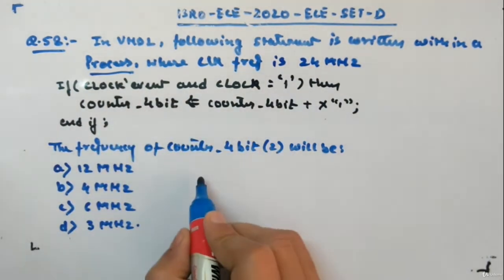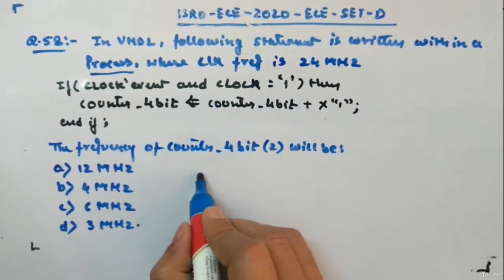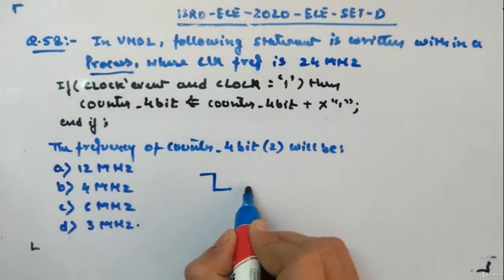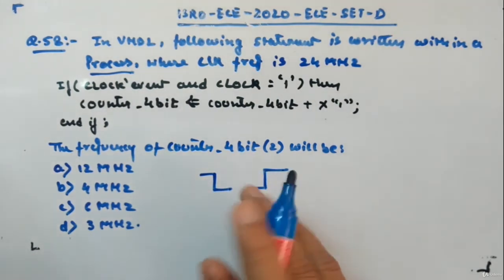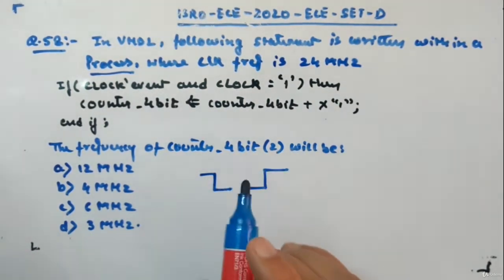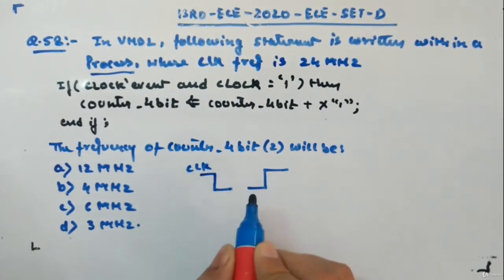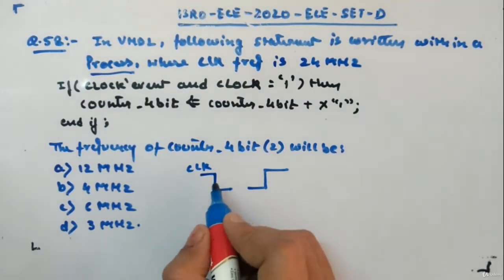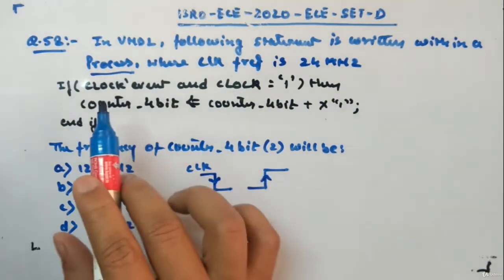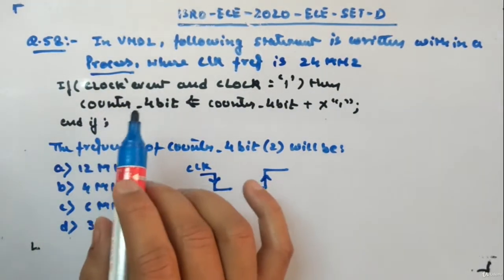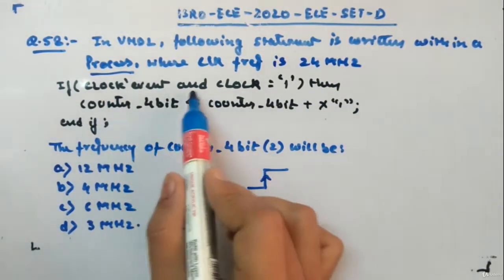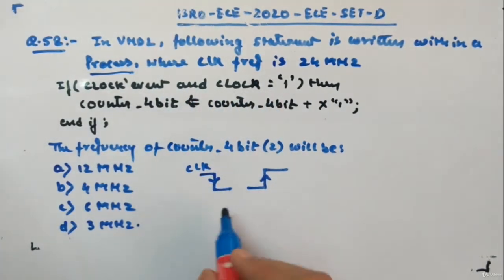Clock'event means if there is any change in the clock, either 1 to 0 or 0 to 1, any kind of change in the clock. If that happens, then and only then execute this. And if clock is equal to 1.